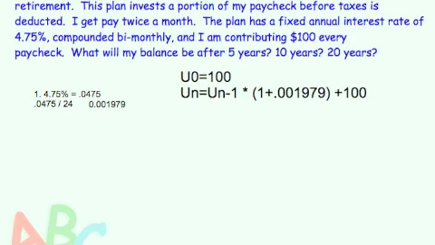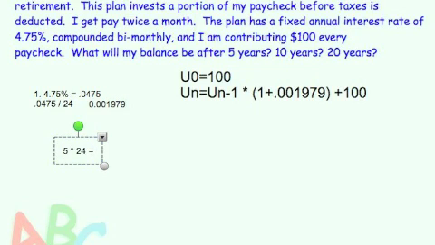So to answer the question, what will my balance be after 5 years? I need to figure out what term number is equivalent to 5 years. I'm going to take 5 times 24, because there are 24 bi-monthly periods in a year, and I'm looking for the balance after 5 years.